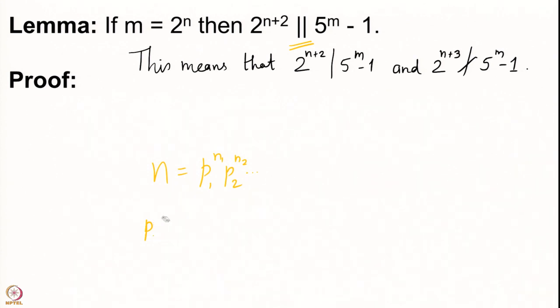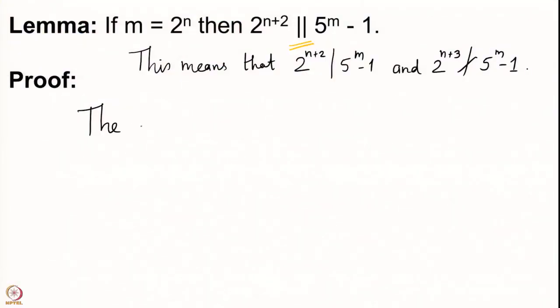We are now going to prove this result. So, what we are going to prove, first of all, is that this power of 2 divides 5^m minus 1, but no higher power divides it, and the proof is by induction. It is a very simple proof.